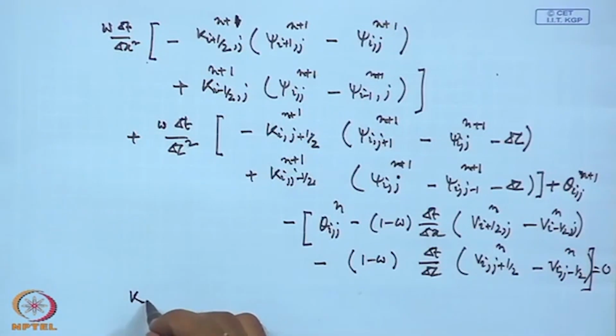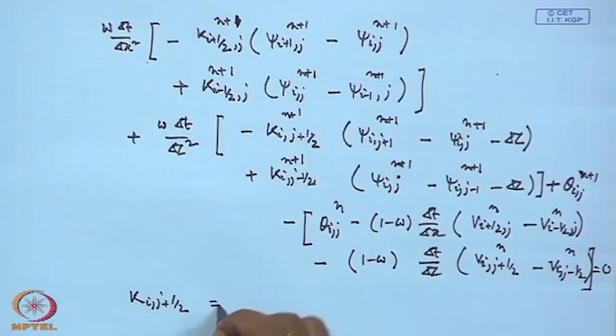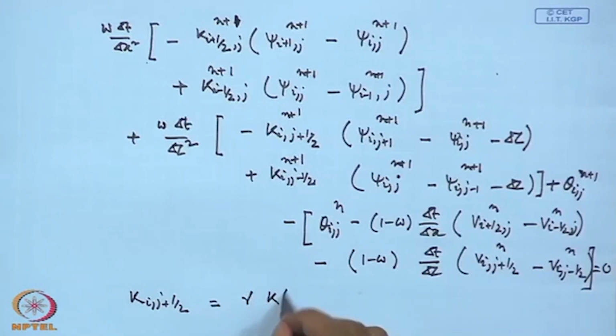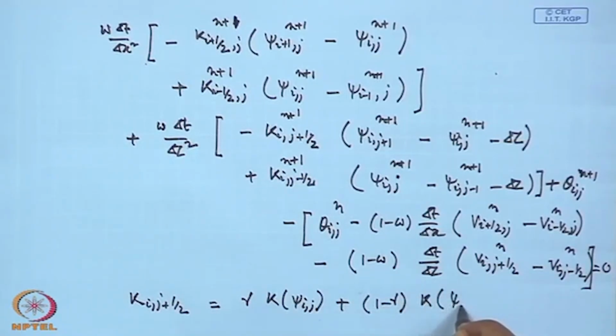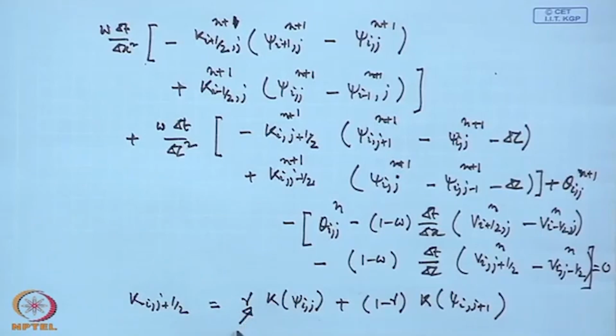So, that is calculated as gamma K psi i j plus 1 minus gamma K psi i j plus 1. So, gamma is the weight coefficient.